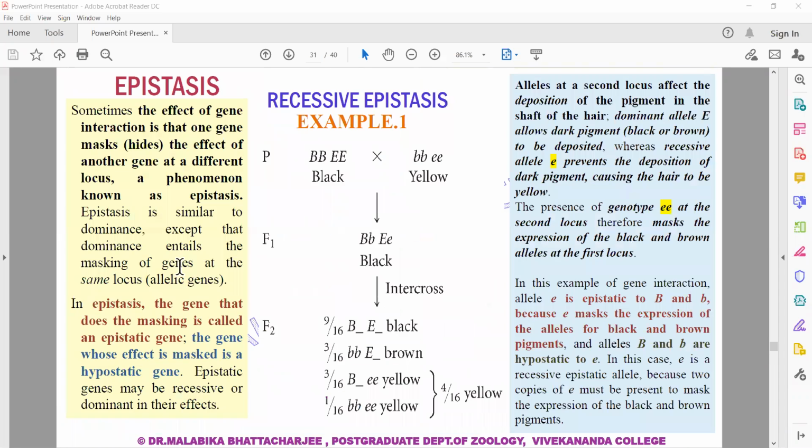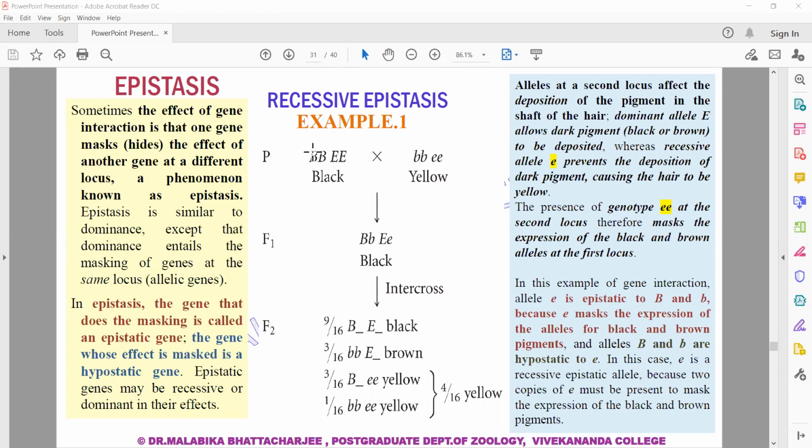Now let us look into this picture. Let us look into the parental cross: capital B, capital B, capital E, capital E. Let me first say that this is a story of the Labrador dogs, and the capital B allele codes for the black color of the coat.